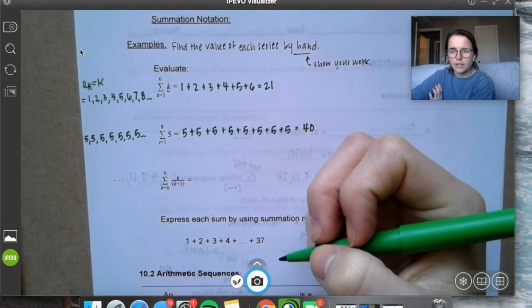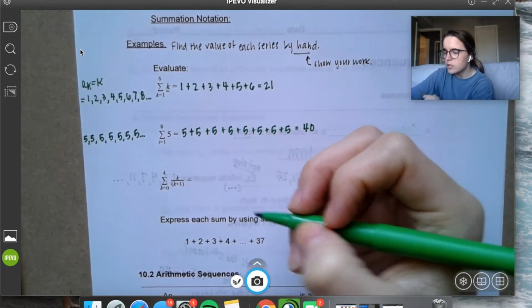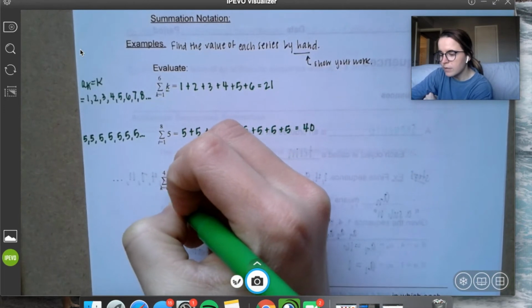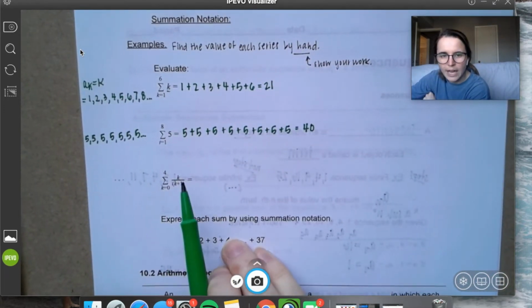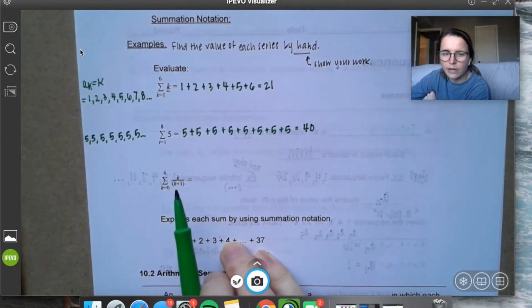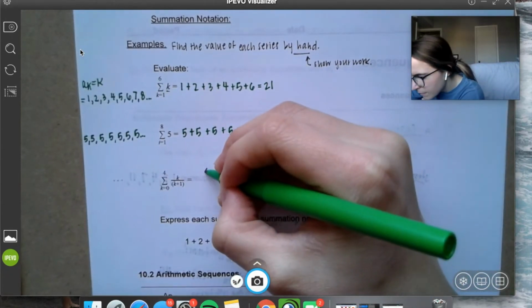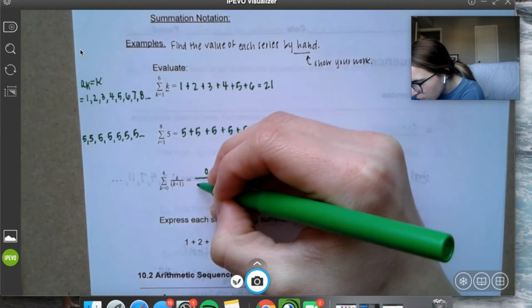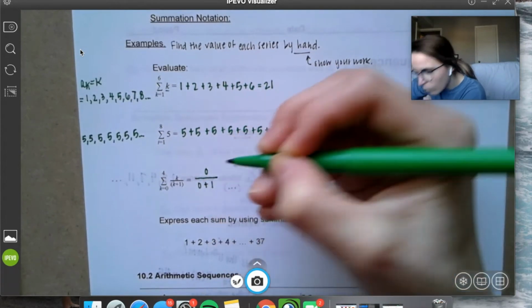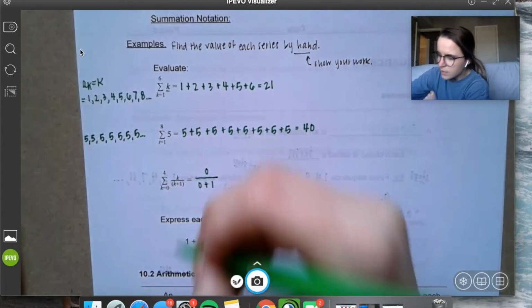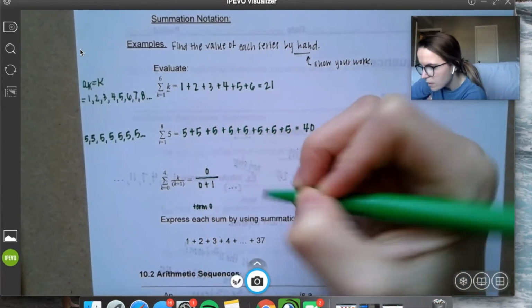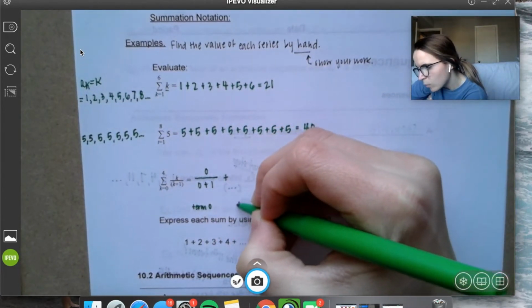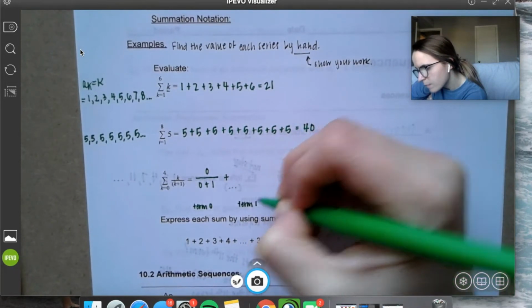But we'll note the amount of terms that we have. So I'm looking for the terms from 0 to 4. So what I need to do on this is plug 0 in for k in both the numerator and the denominator. So here's our first term, 0 over 0 plus 1. So this is term 0. Then we need to add term 1 by plugging 1 in.